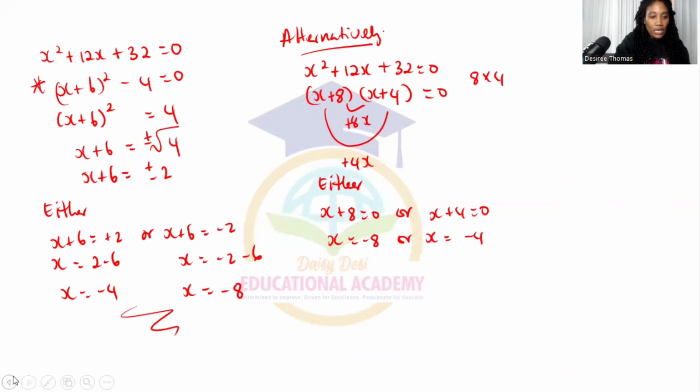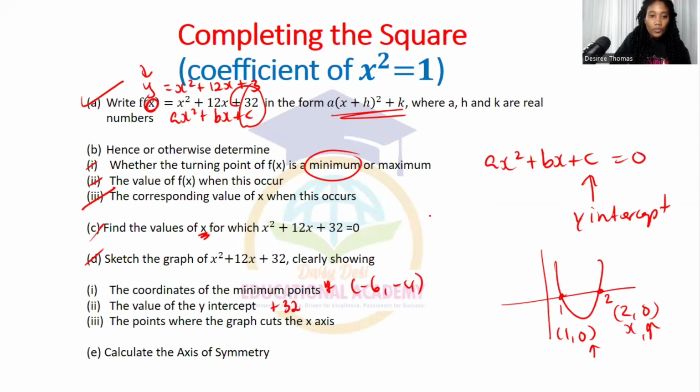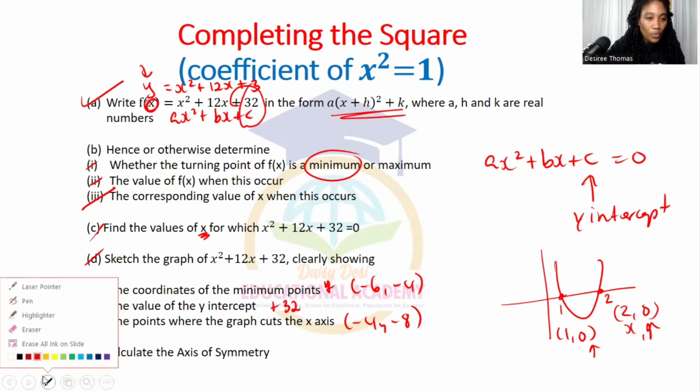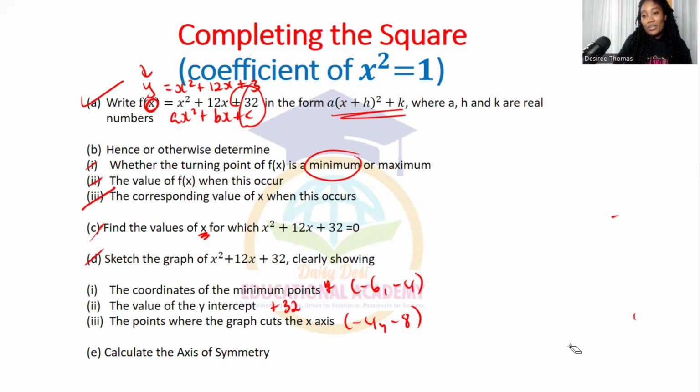Minus 4, minus 8. So where it cuts the x-axis, it cuts at minus 4 and minus 8. Since we have everything there, I'm going to just draw the sketch right here, so we don't have to move through all those slides. And this will be the end of this video because it ended up being very long. I have another question to do for you in the next tutorial.